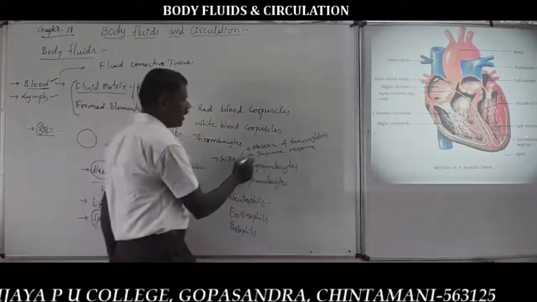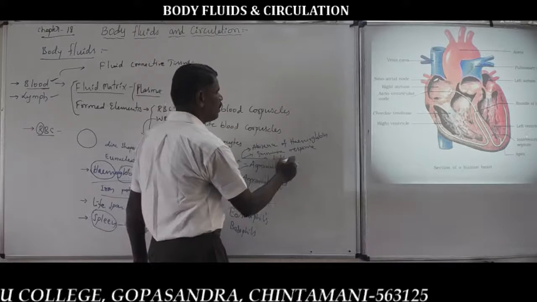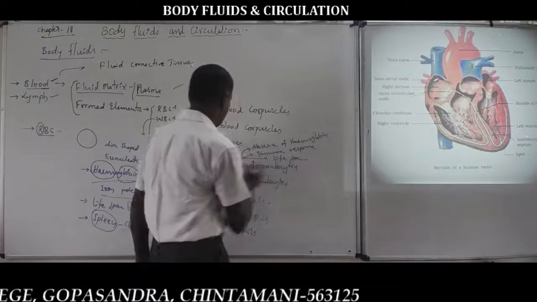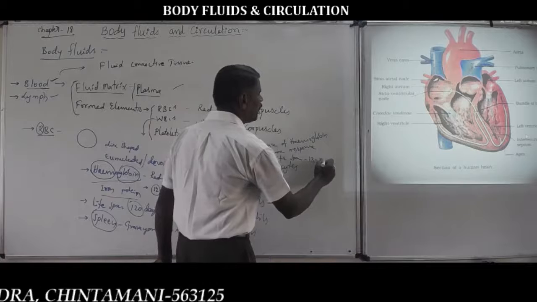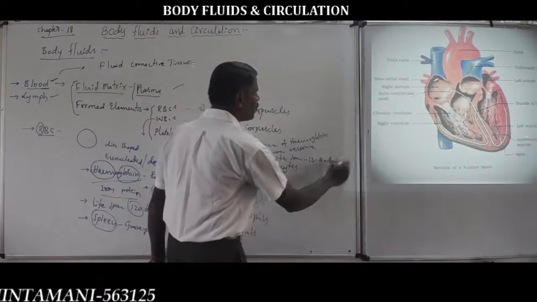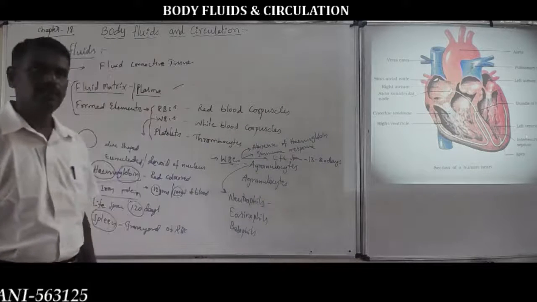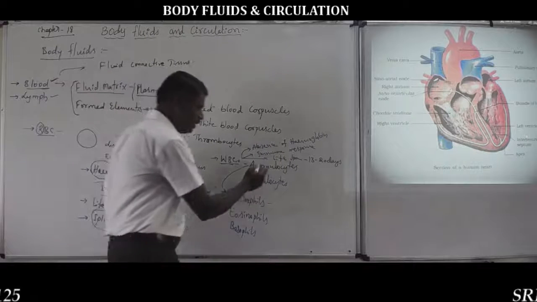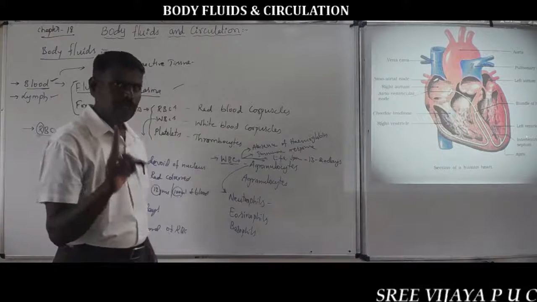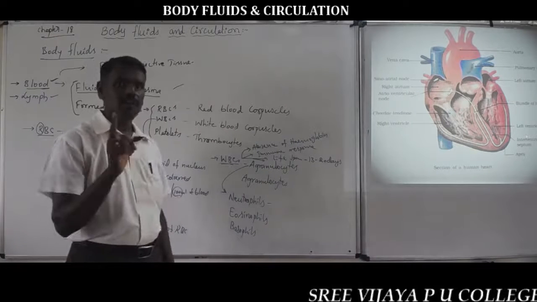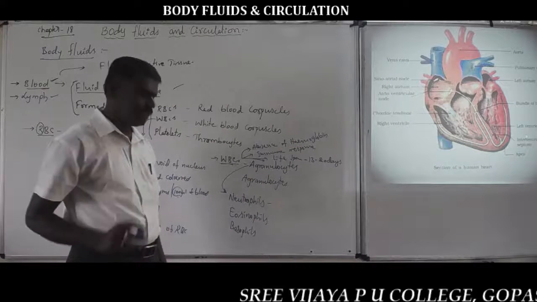The lifespan of WBC is very short, nearly 13 to 20 days. They are eliminated only through the lymphatic system or lymph capillaries, where they disappear.